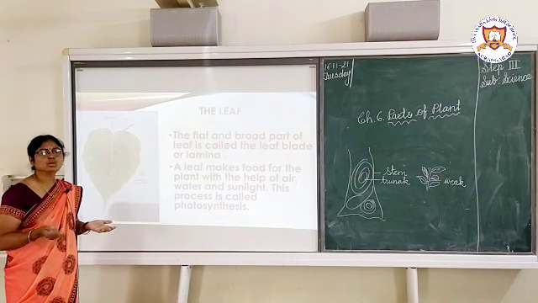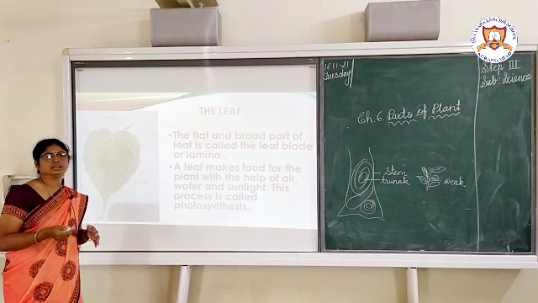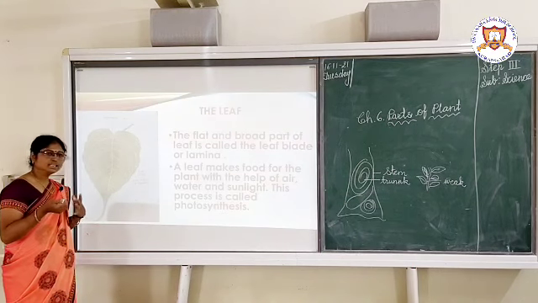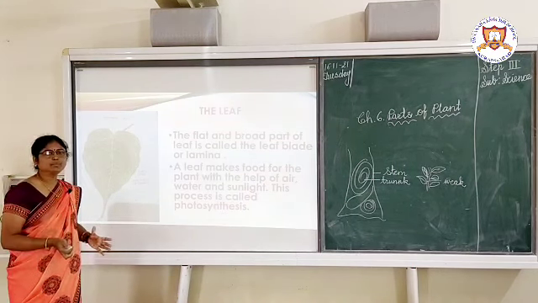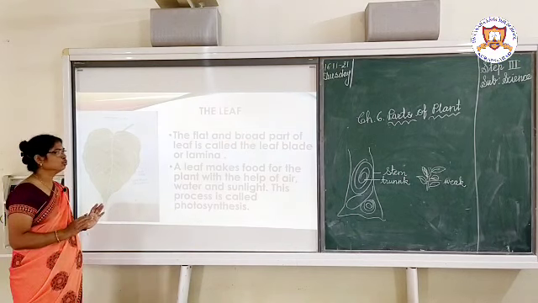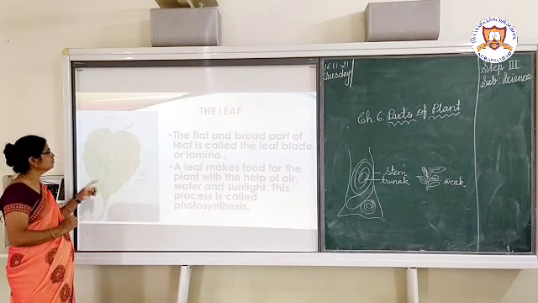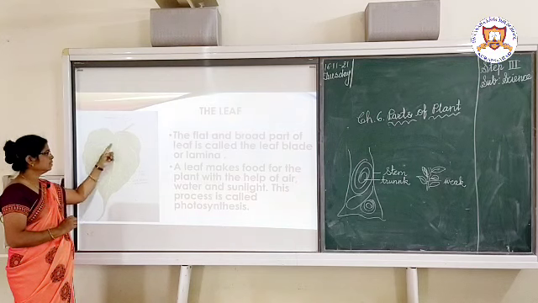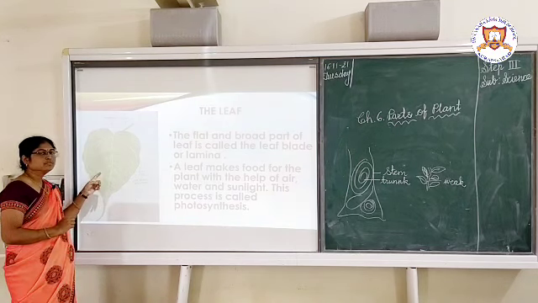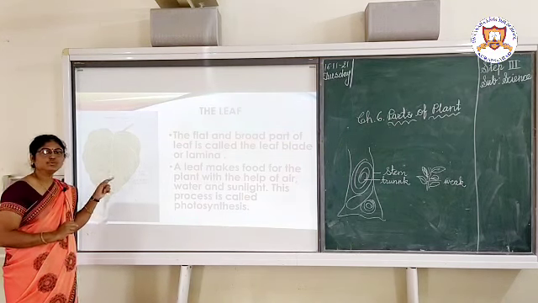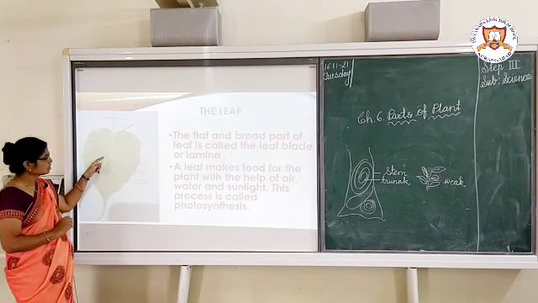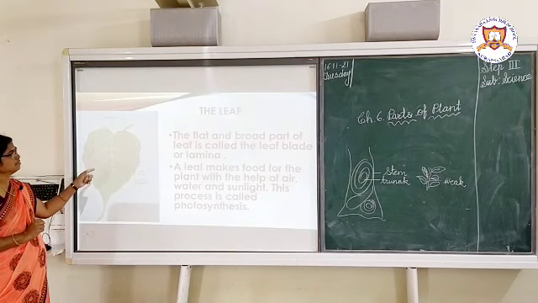That's why we can walk, we can run, we can do everything, because the veins supply blood to different parts of the body. In the same way, water is supplied to the leaves, which is needed for the preparation of food.